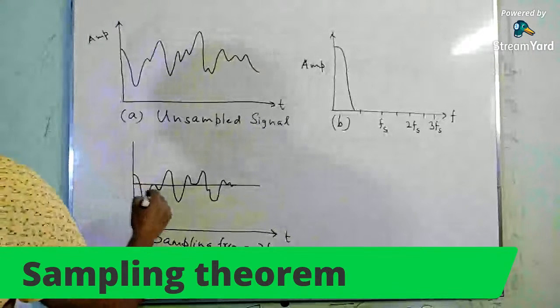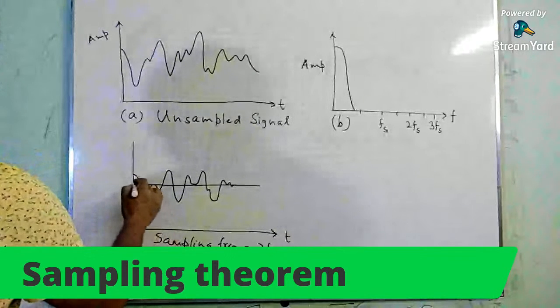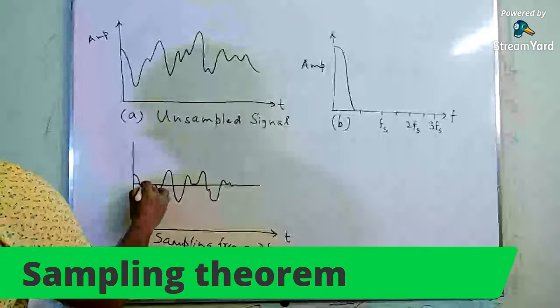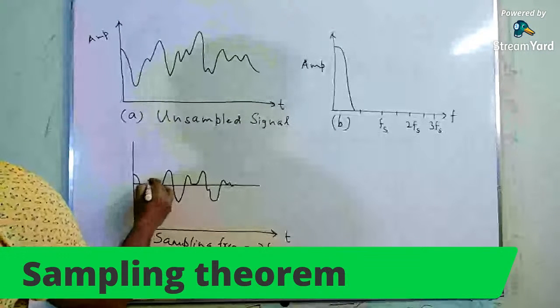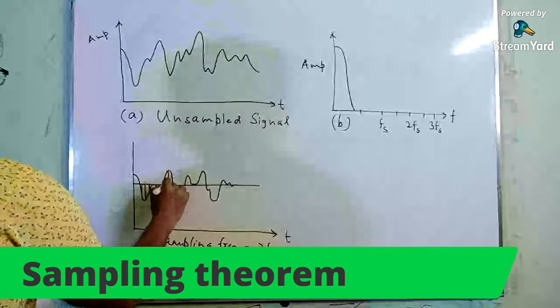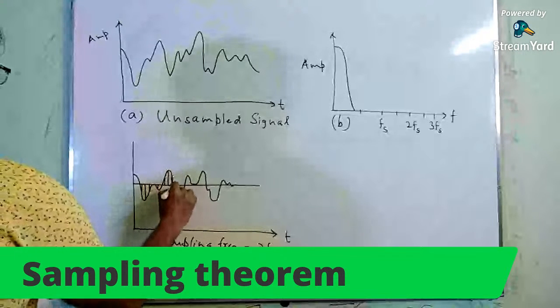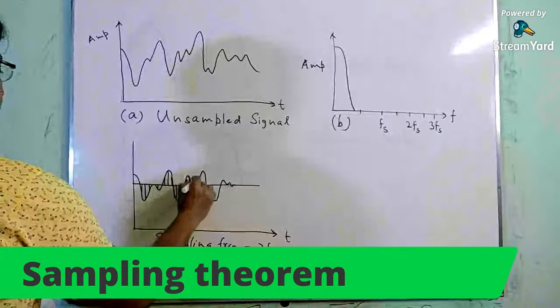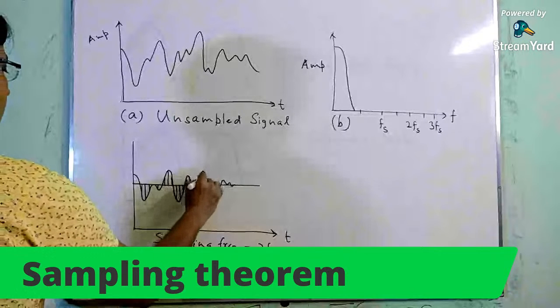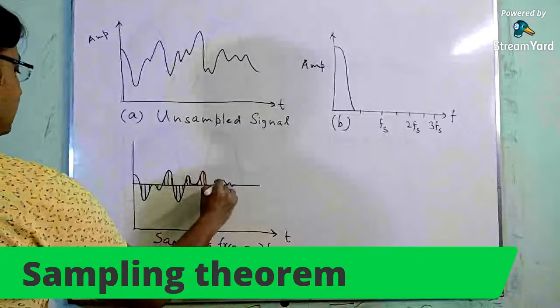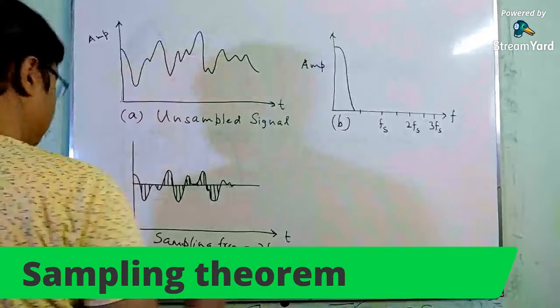Now, this should be the sampled values. So these are the sampled values, which are sampled at thrice the frequency of the original signal.